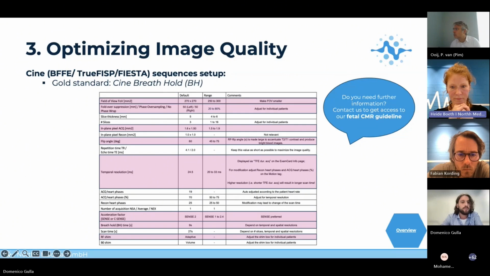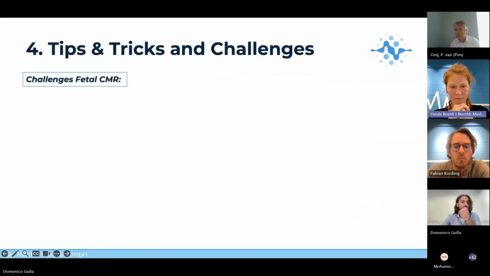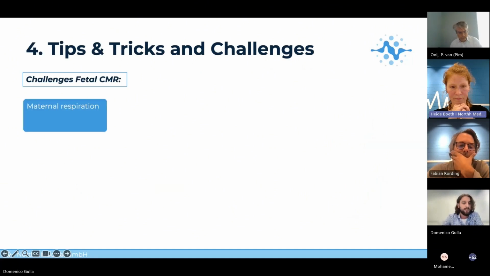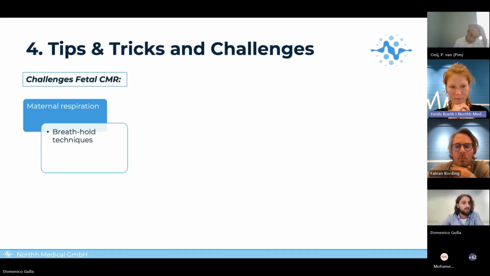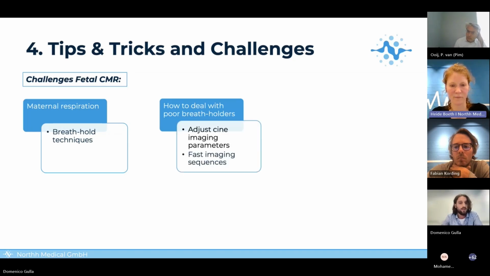Then let's go to the tips and tricks and challenges. In this case, we know which are the challenges of fetal cardiac MRI. I think the first one is maternal respiration, but there are always some solutions, like breath hold sequences, breath hold techniques. Another challenge is how to deal with a poor breath holder. In this case, we can consider adjusting the cine image parameters and also using fast image sequences.